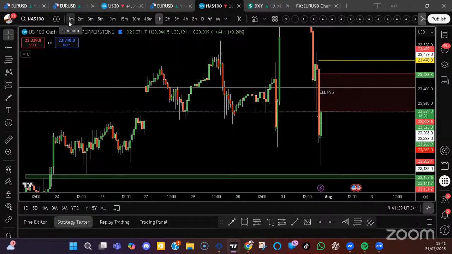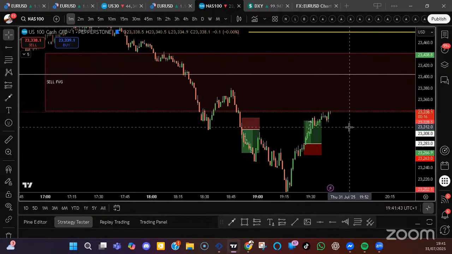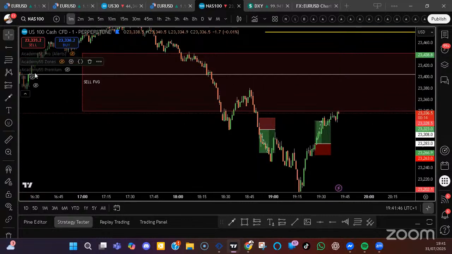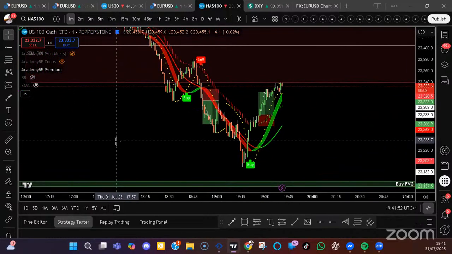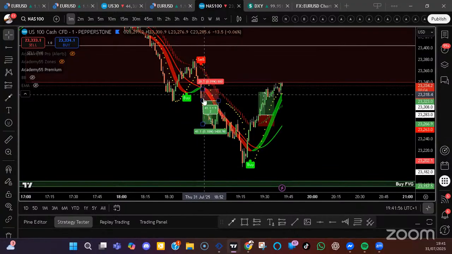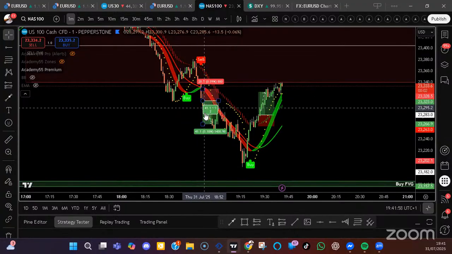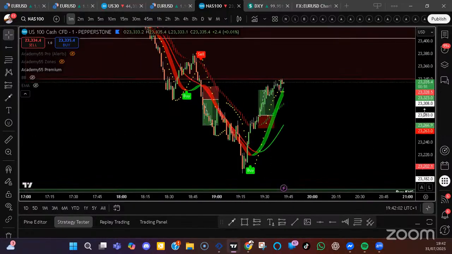But getting back to tonight, as you can see, I've put the indicator back on. I'm quite happy to show you two clear examples of a sell and a buy on the NAS100.